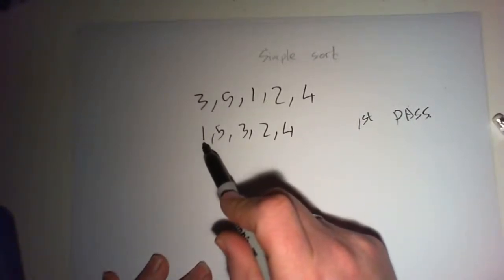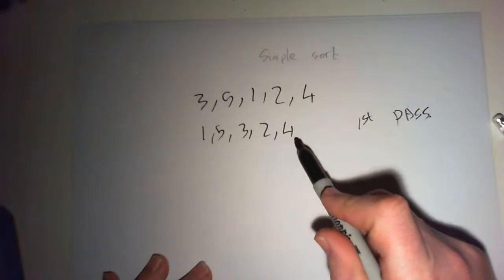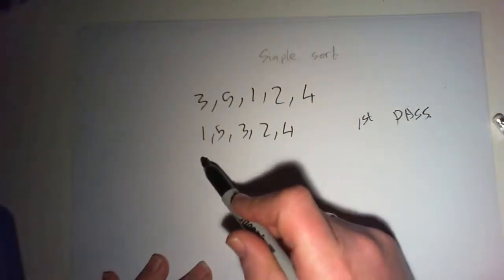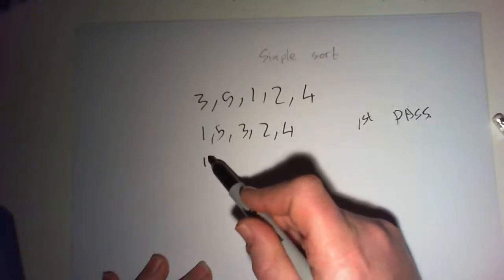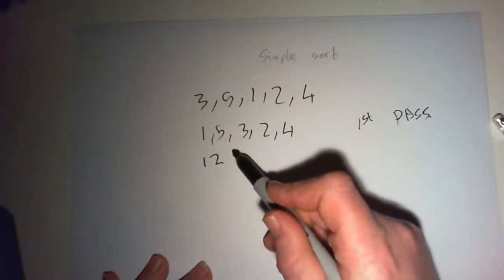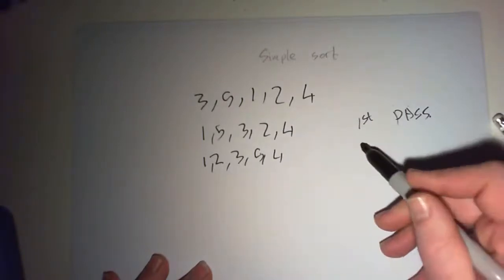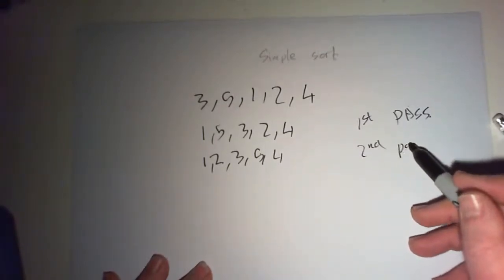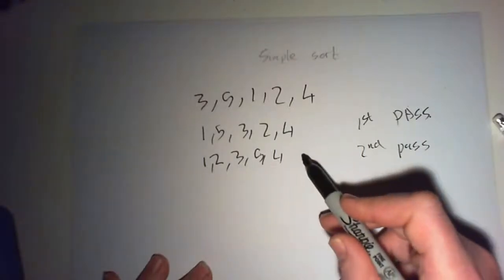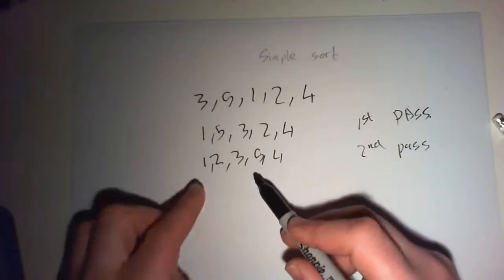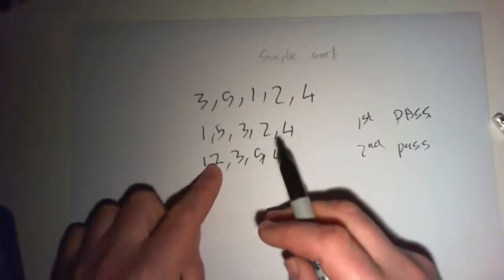Okay, it finds the next minimum, 2, and puts it in the correct spot. So that's after the second pass. After the third pass, it's got those two.